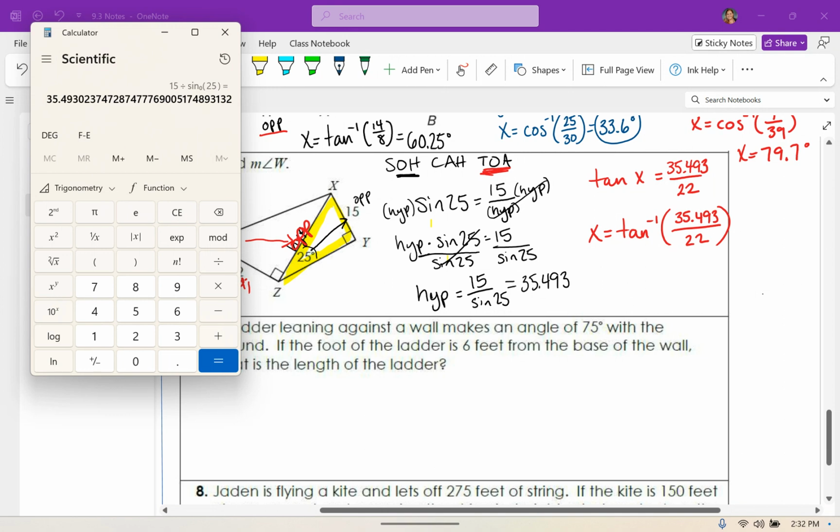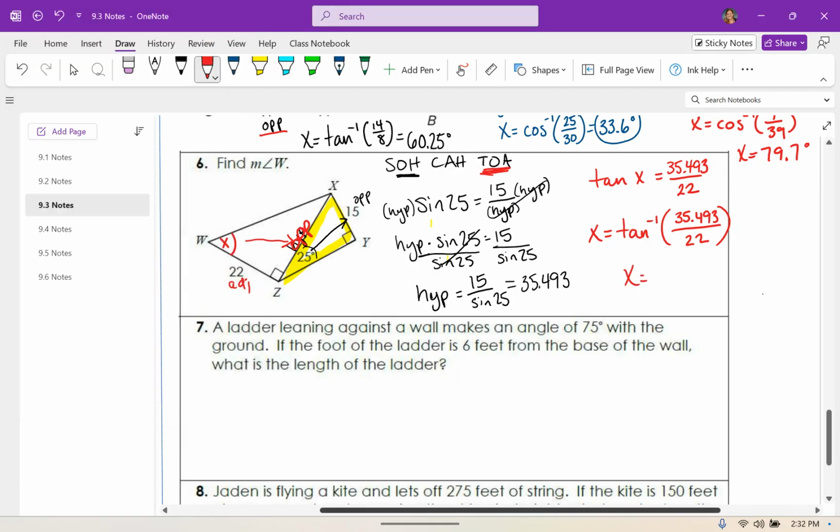So 35.493 divided by 22 is 1.61, and now I'm going to take the inverse tangent. So inverse tangent is about 58.2 degrees. Okay, that's my final answer.